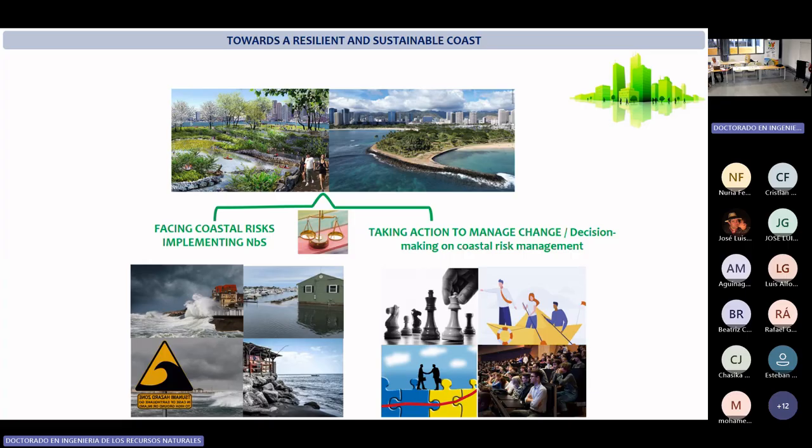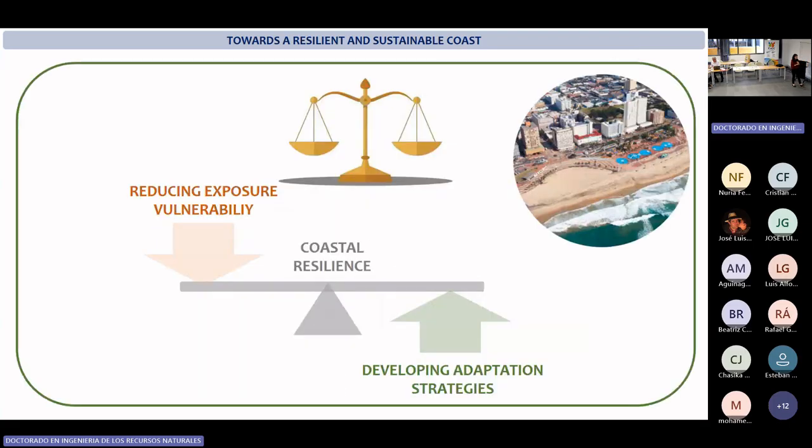To take such decisions is the role of the government, of our stakeholders, our coastal managers. And fortunately, I hope that is the case everywhere, and that our coastal managers are based on our scientific and research results to take the best decision for protecting the coast.